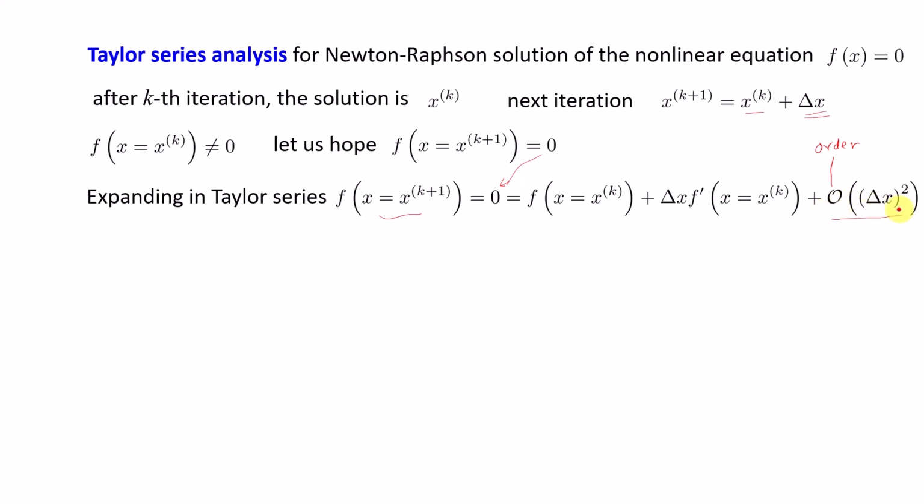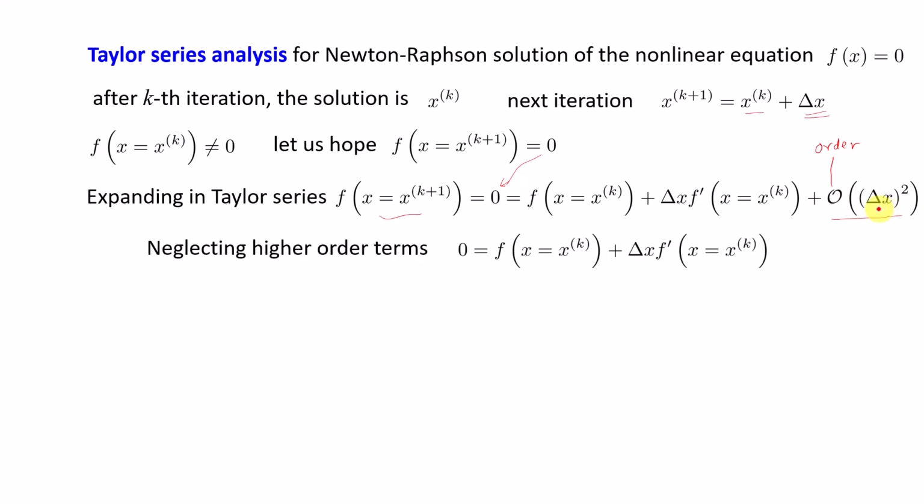This is the order of the remaining term. Now we neglect the higher order terms, that means this delta x square as well as the higher exponents of delta x, and neglecting these terms is actually equivalent to the linear approximation.